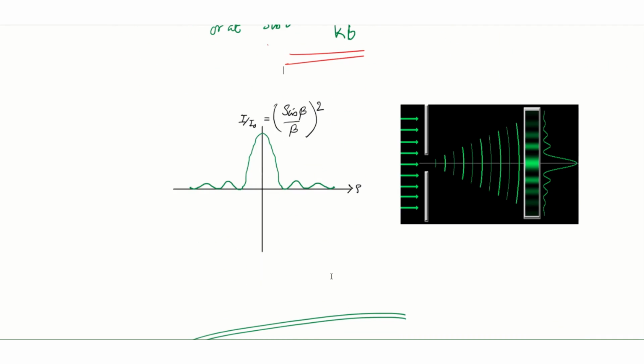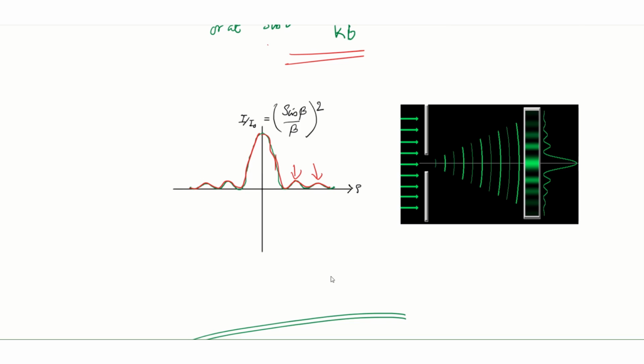And if you plot the normalized intensity, you get something like this. It's a symmetric intensity distribution with a central peak and many side lobes.